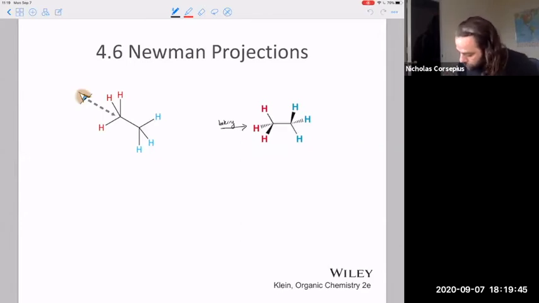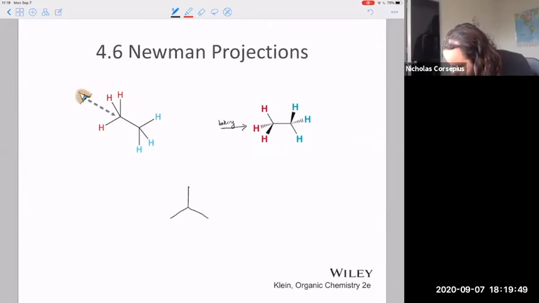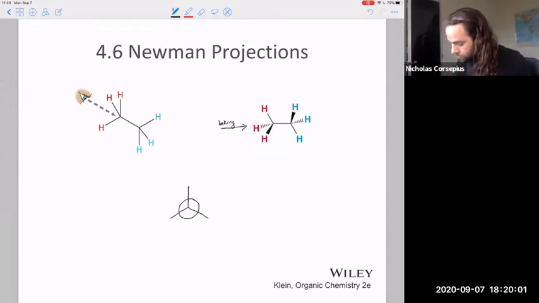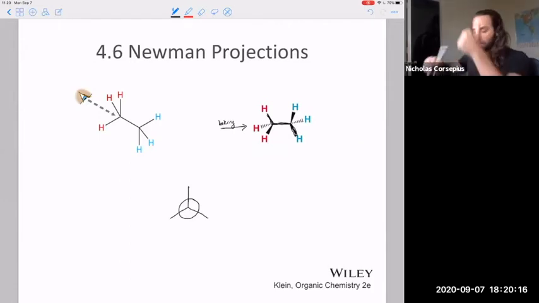When I draw my Newman projection, I'm going to start out with that Mercedes symbol business, and then I'm going to draw in that back carbon. As it's drawn in this particular way, we see that there's what's called a staggered conformation, where the red hydrogen on the front carbon is sitting exact opposite of the blue hydrogen on the back carbon, meaning one's pointed one way, the other's pointed the other way.